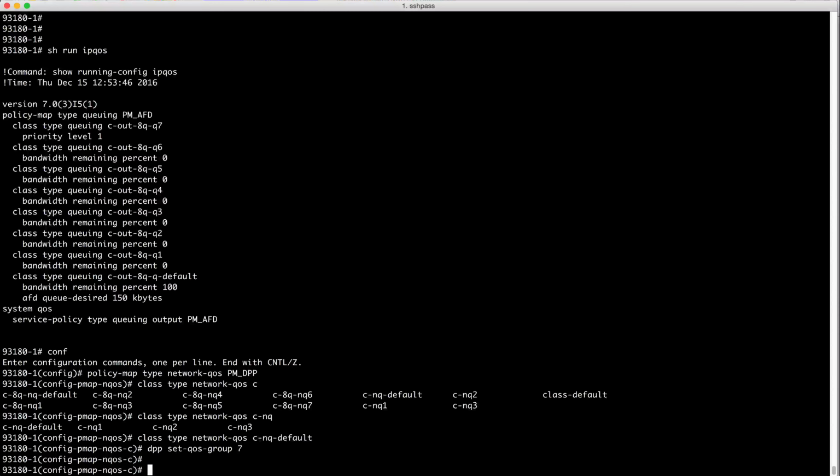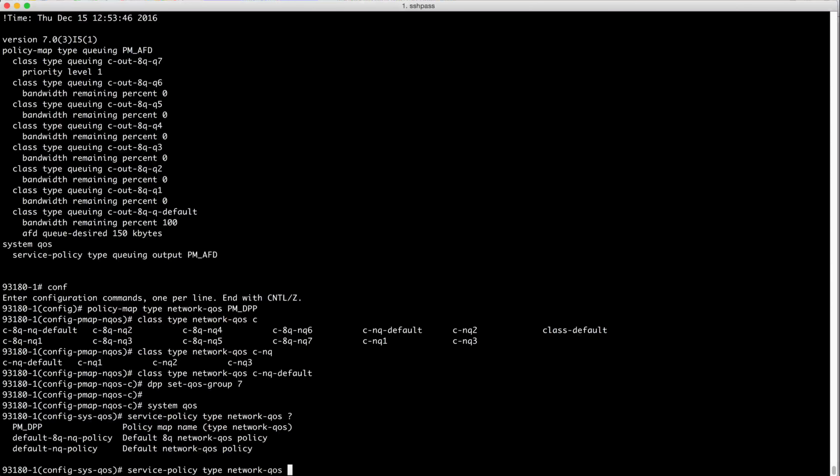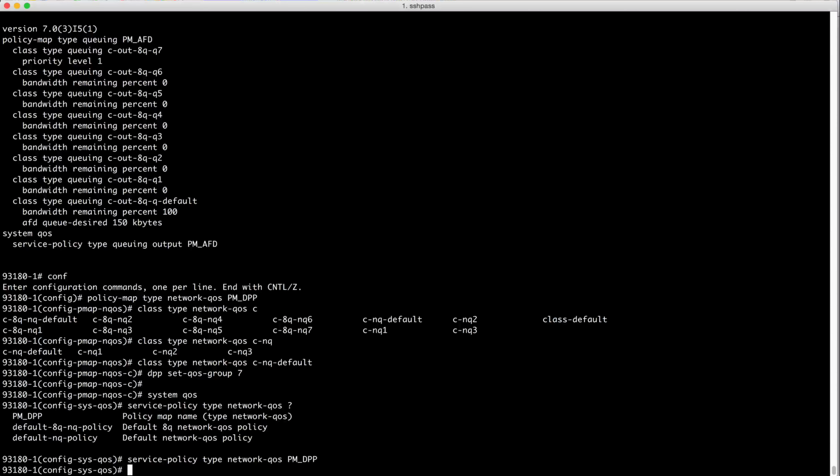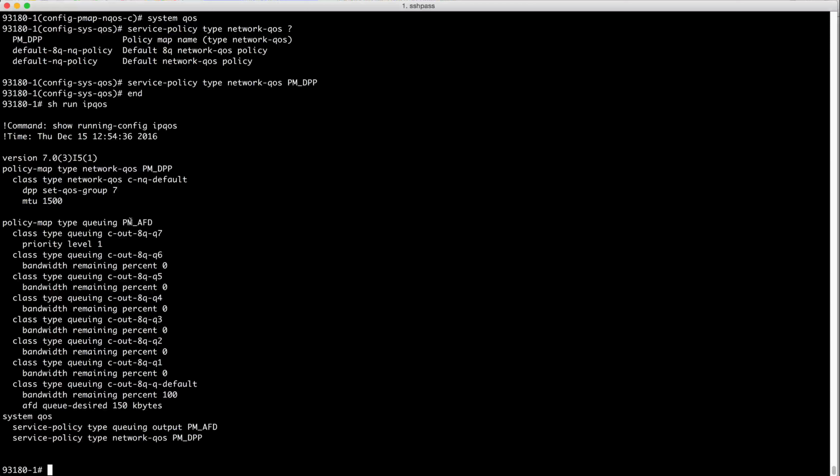Okay, so we do that, and let's go to system QoS and do the service policy type network QoS with the DPP policy. Okay, so now we have both AFD and DPP enabled.